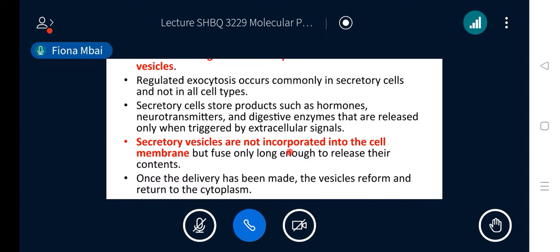Secretory vesicles are not incorporated into the cell membrane, but they only fuse long enough to release their content. So they come, bind the plasma membrane, open into the exterior, release what they have to release, and go back. Once the delivery has been made, the vesicles reform and return to the cytoplasm. So the vesicles are not part and parcel of the plasma membrane.